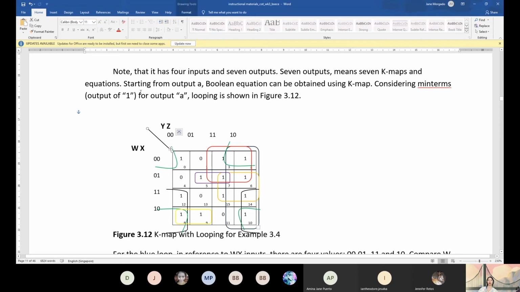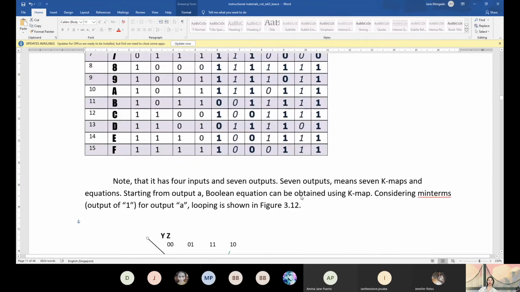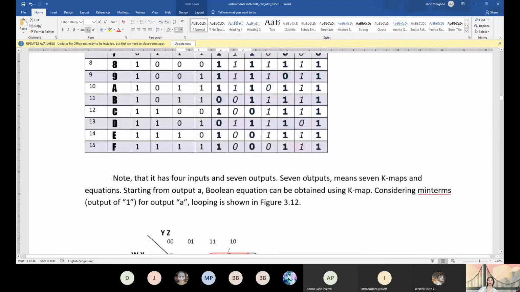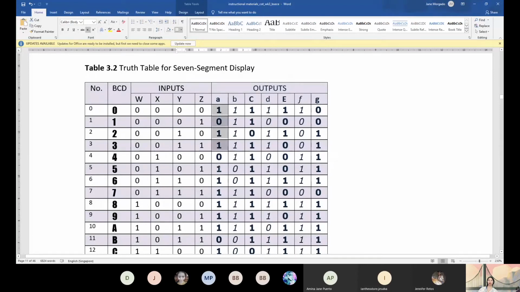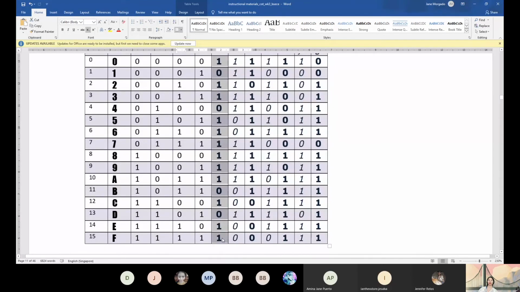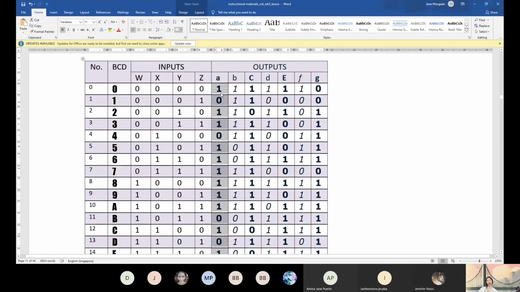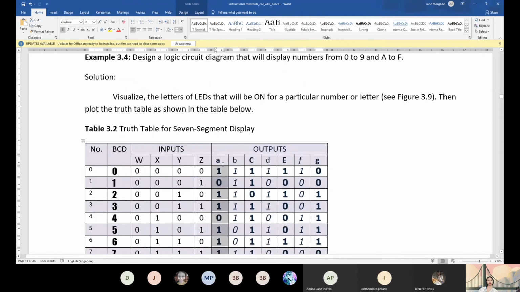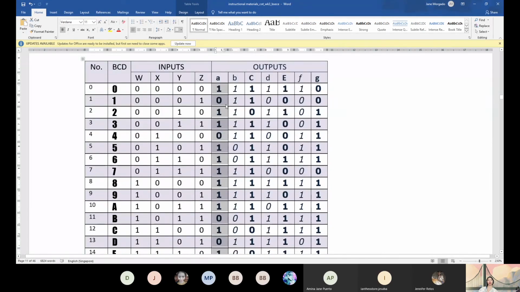Okay, so this is for A. The outputs here are based on A only, so take note of A. We have 1, 0, 1, 1, 0, 1. How many zeros do we have? 1, 2. We only have 4 zeros.